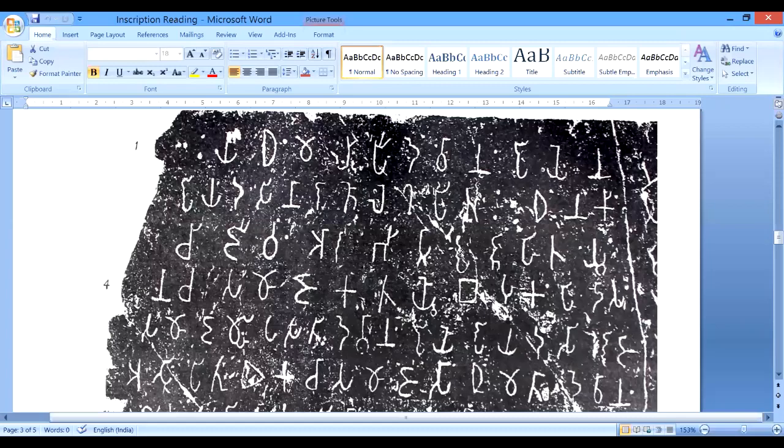Then the next word, it is pra, pa, and on the top you can see there is a zigzag line. That zigzag line is pra, because the rakar is on the top. At that time it was not decided where to have the rakara, whether ra after the consonant or ra before the consonant.